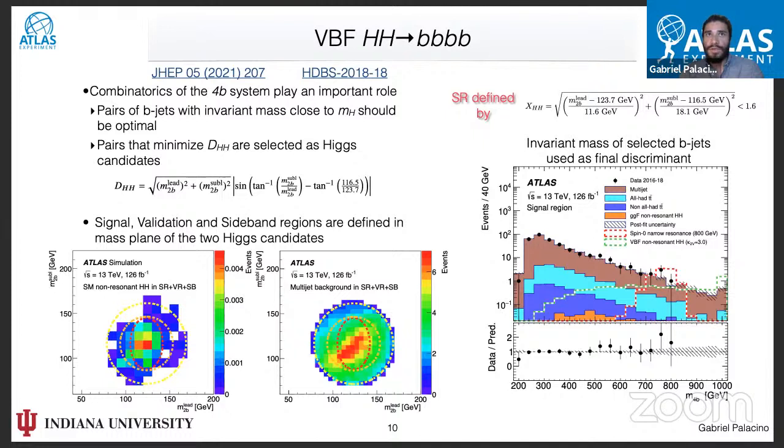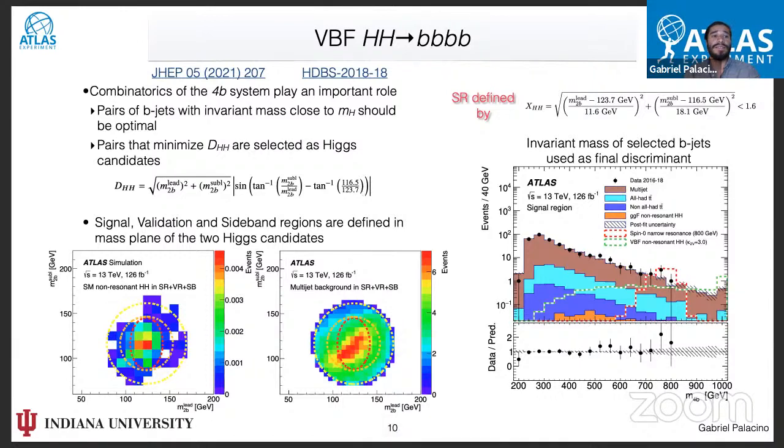Of course, this is never going to be exactly that, so what is done is that the two pairs that have the shortest distance to this diagonal, defined here by this DHH, which is the distance to the diagonal in the di-Higgs candidate mass plane, are chosen. So the ones that have the shorter distance are chosen as the two Higgs candidates.